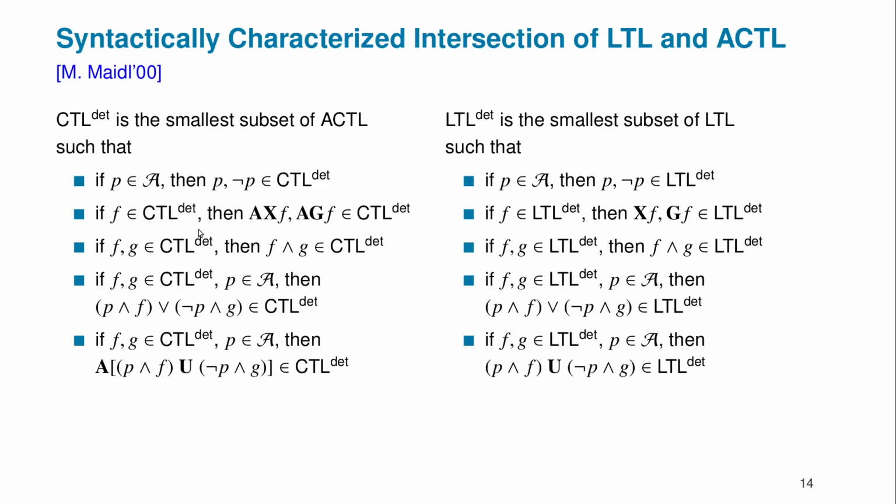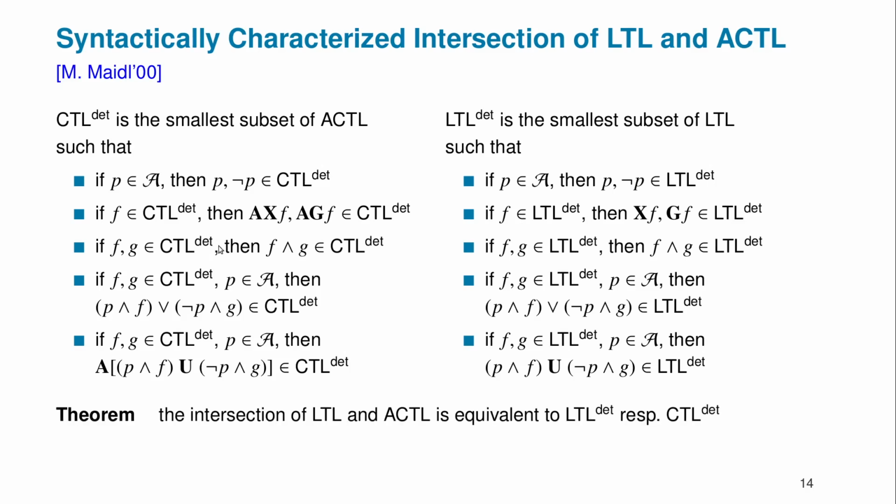Yeah. And the nice thing is, if we are able to transform a CTL formula into a CTL det formula, then we know that this CTL det formula has an equivalent LTL det formula, and this is obtained by simply removing the A. And here the intuition is that this construction removes any indeterminism in the evaluation and restricts the CTL formulas in some sense only to one path, and therefore we have the same semantics as for the LTL formulas, which consider only one path.